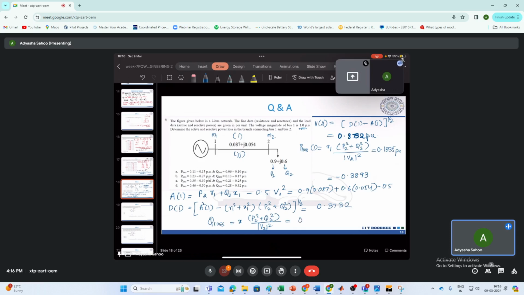So that comes to be 0.0829 per unit. Is this correct? Yes. So loss 0.13. So I think first one is correct.